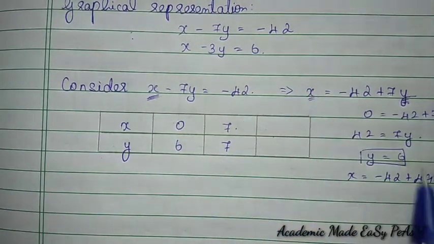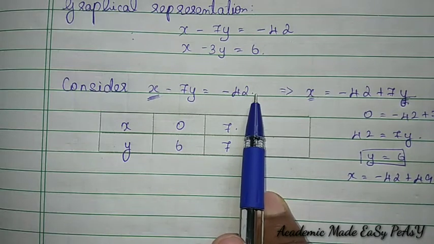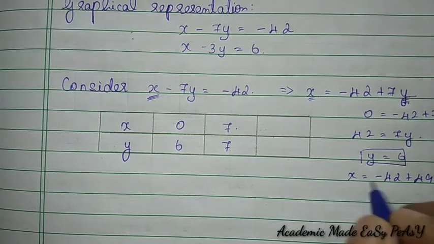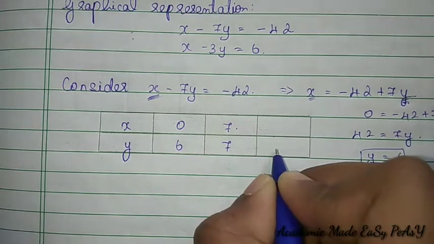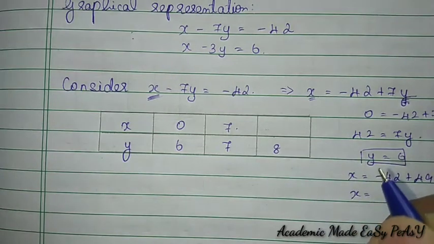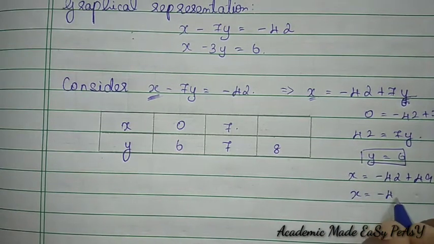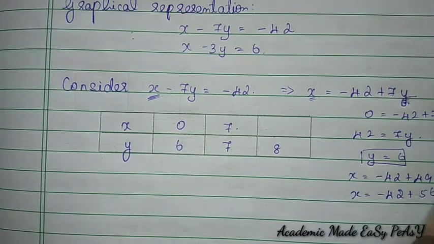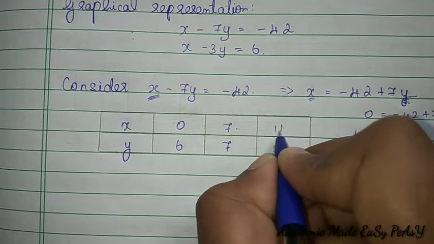If you want, you can stop till here and plot the graph. If not, you can go for the third value. However, it is going to be a straight line only. So I will take the next value of y as 8. So minus 42 plus 7 into 8 is 56, so x is equal to 14. So I will be writing it over here.